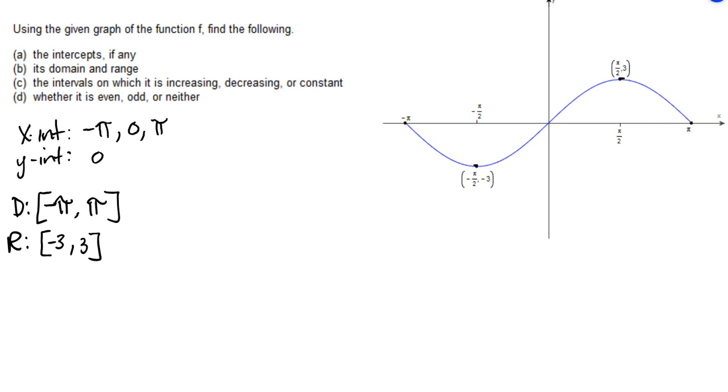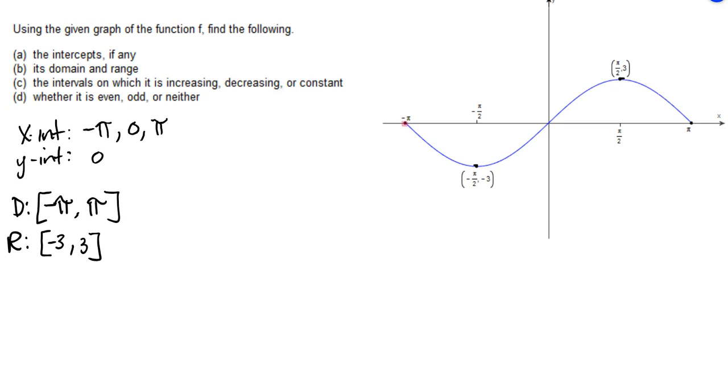The next part says to find intervals for which the graph is increasing, decreasing, or constant. So what I like to do with this is trace the graph from left to right. As I'm tracing, I'm taking note of whether the y values are increasing or decreasing.